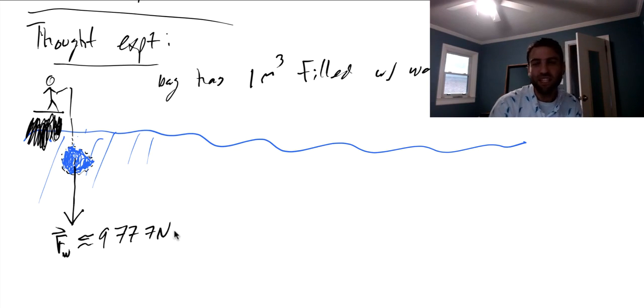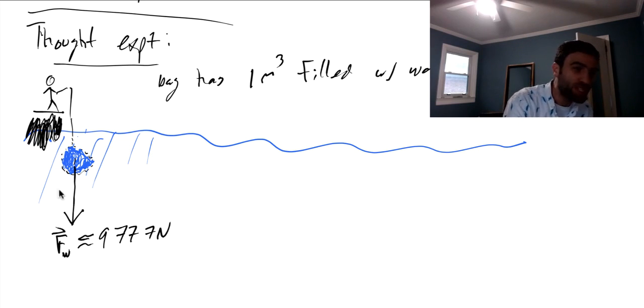That comes from water being a little bit less than 1,000 kilograms per cubic meter multiplied by the acceleration due to gravity. So I know at the very least that this force is pulling down on the bag filled with water.